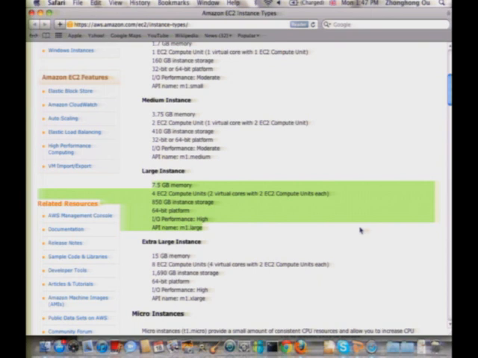They do not describe what an EC2 compute unit is, except that one ECU is approximately equal to a 1 gigahertz Intel Xeon server in the year 2007, or 1.2 gigahertz AMD servers in 2007. So that's what they offer.